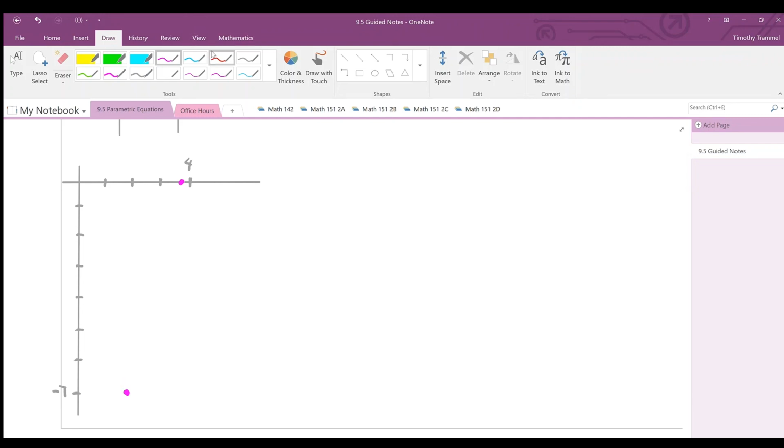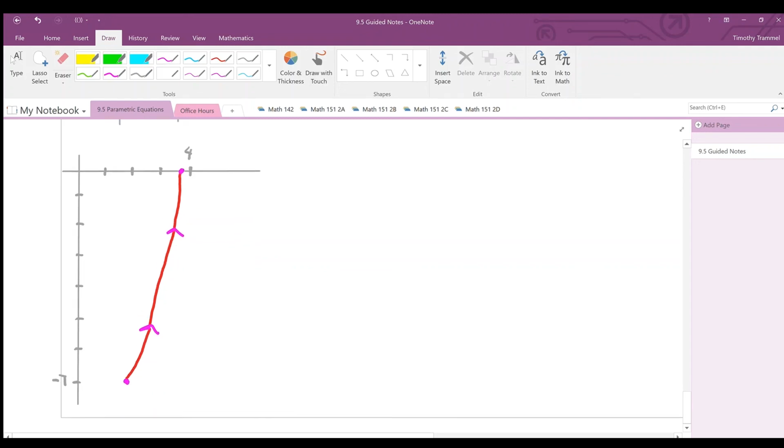Okay, so it should look something like this. And that doesn't look very curved, but I'm going to try and make this look a little better, even though this won't be perfect. And I suppose that's a little bit better. And we know that we are heading in this direction here.